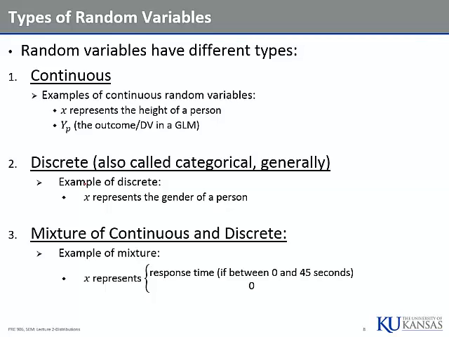There are different types of distributions. There can be continuous, which you just saw before: height of a person, your outcome in a general linear model. Could be discrete: a person's gender, a person's sex, a person's marital status. Then you could have mixtures of continuous and discrete. Think of the number of cigarettes smoked today.